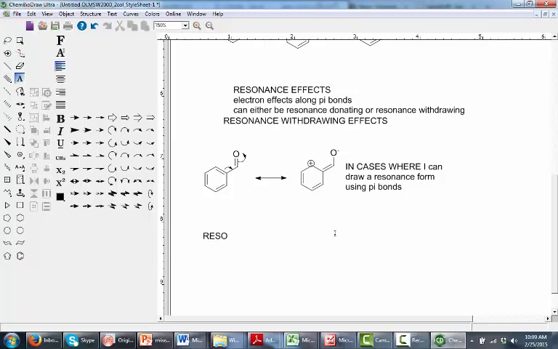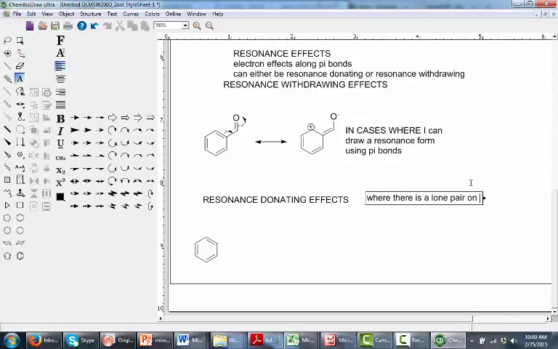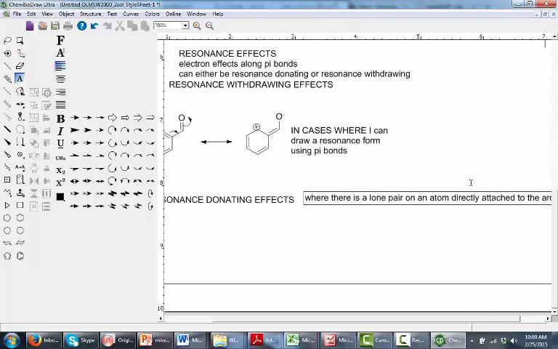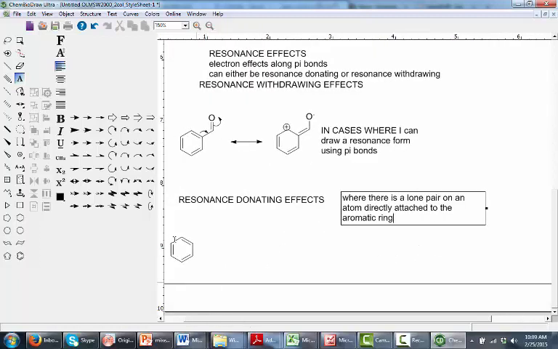I can also have resonance donating effects, and these are potentially more useful or interesting, and that's going to be in cases where there is a lone pair on an atom directly attached to the aromatic ring. What that allows me to do is generate, now here let's pick OH as a good example of that.